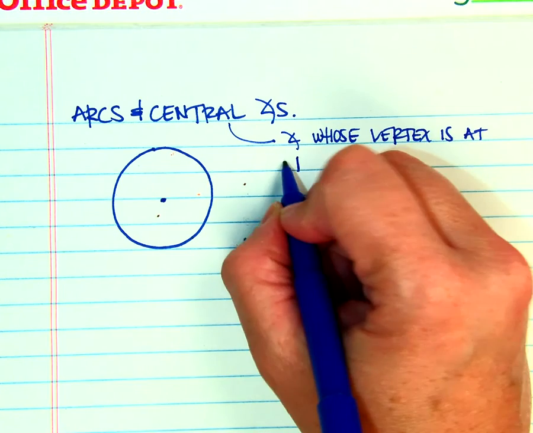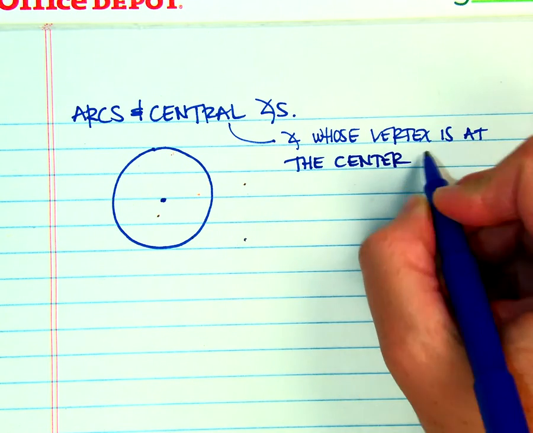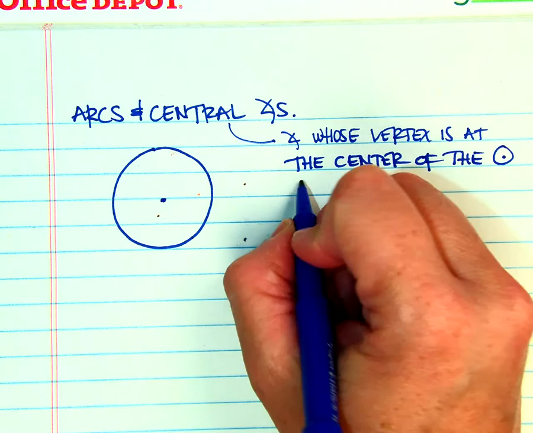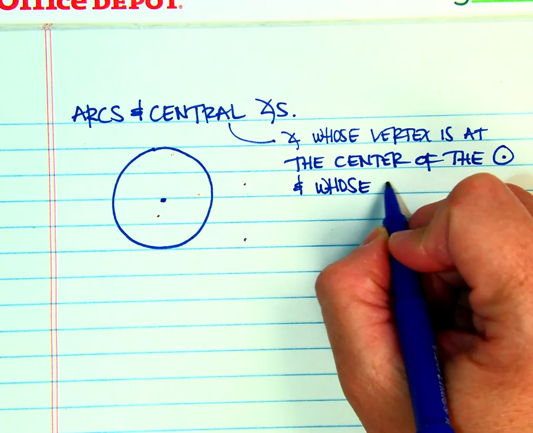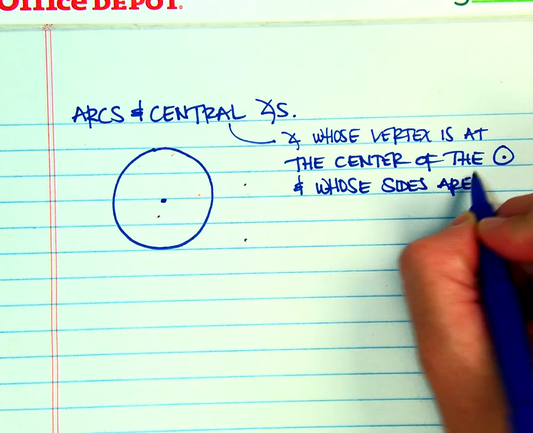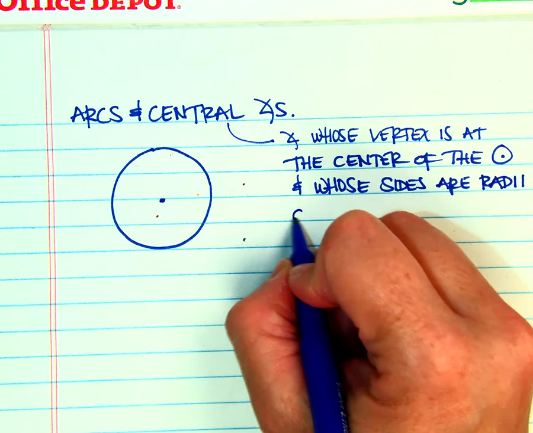is at the center of the circle and whose sides are radii of the circle.